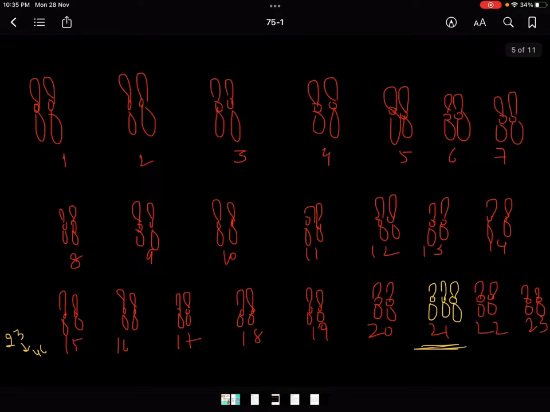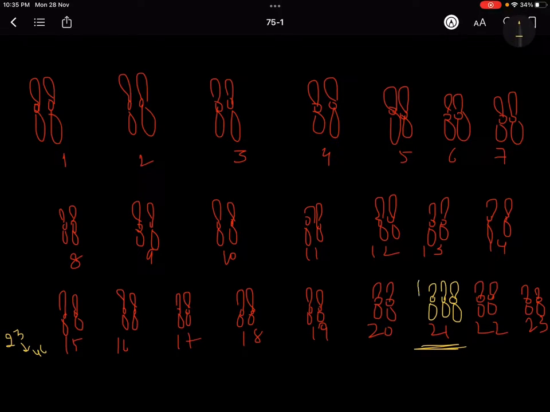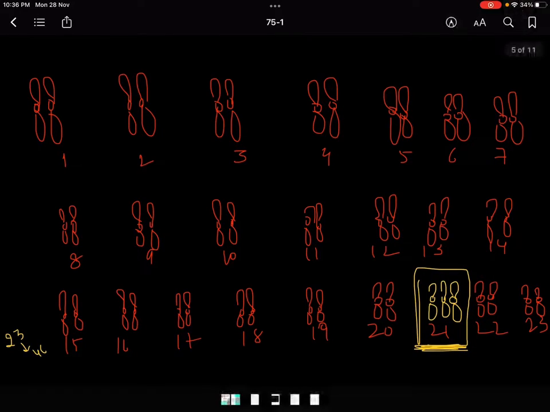When they photograph, when they separate, they stain the chromosomes, etc. So what they find out is that there is an extra chromosome in pair number 21. So by photographing also you understand a lot about it. How did we find out? You saw that in the 21st pair there are 3 chromosomes instead of 2. So from karyotyping you can understand, you are basically trying to study chromosomes.